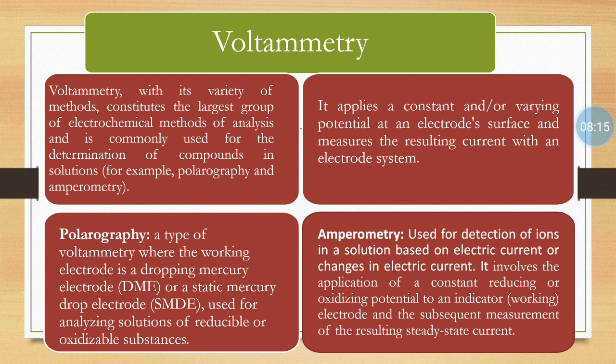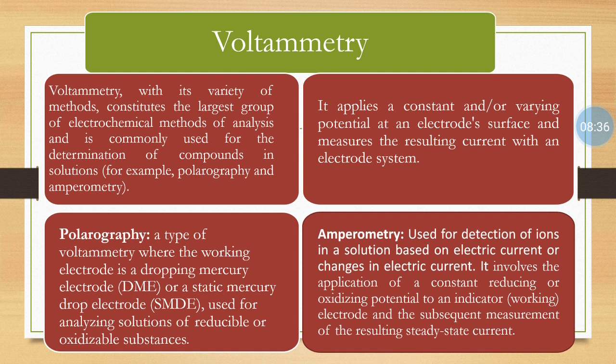Next is voltammetry. Voltammetry covers a variety of methods, and it is the largest group of electrochemical methods of analysis which is commonly used for the determination of compounds in a solution. The main examples are polarography and amperometry.